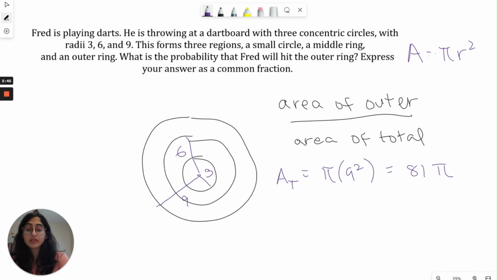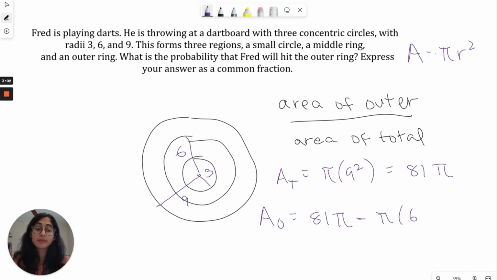So the area of the outer ring is just going to be 81 pi, because that's the area of the entire circle, minus the area of this middle circle. So that's going to be pi r squared. R in this case is 6, so it's going to be pi times 6 squared, or in other words, 36 pi. So the area of that outer ring is going to be 81 pi minus 36 pi, which is equal to 45 pi.